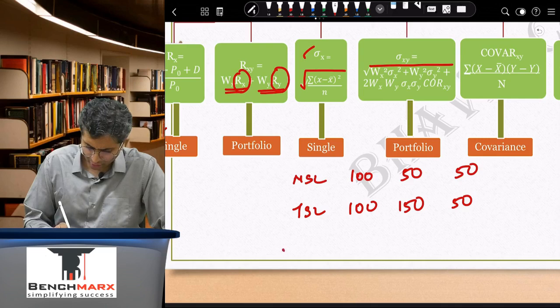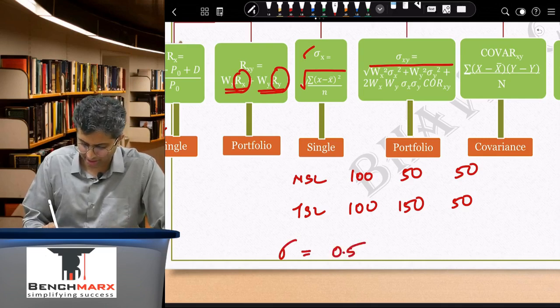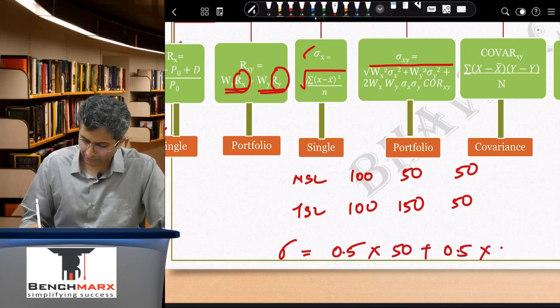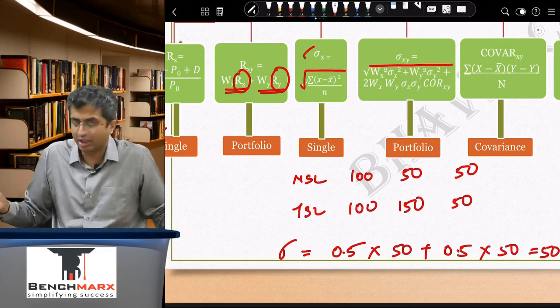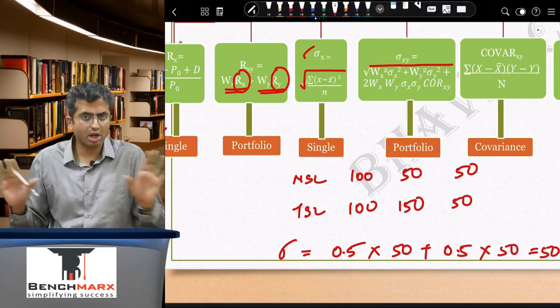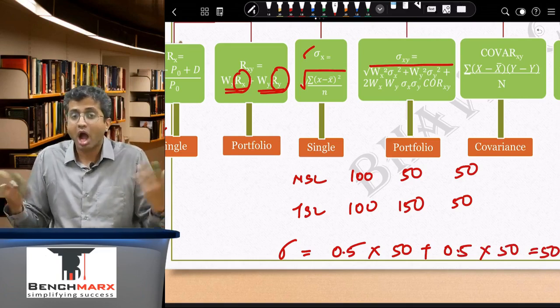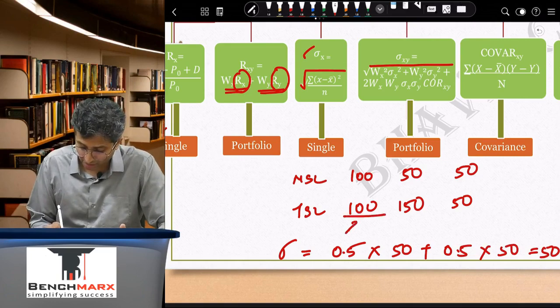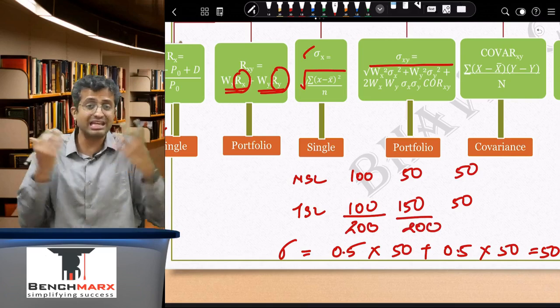And as a result, if I were to calculate the weighted average standard deviation, one can say, okay, the amount invested was equal at the start of the year. So 0.5 into 50 plus 0.5 into 50, and hence your total would be 50, which is understandable. However, as a matter of fact, the portfolio at the start is 200, the portfolio at the end is also 200, which means there is no deviation.